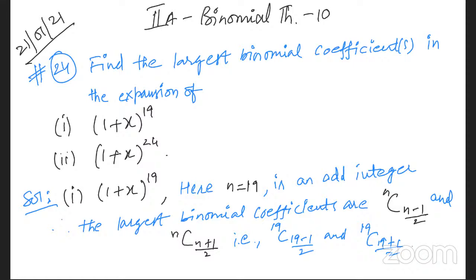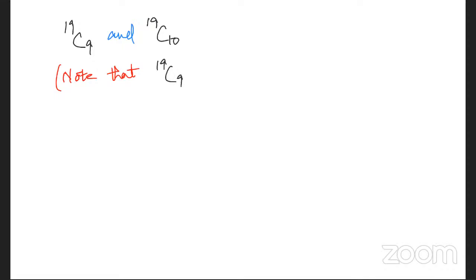So what are the coefficients we got? It will be 19C9 and 19C10. So these are the largest binomial coefficients in the expansion of (1 plus x) whole power 19. Note that 19C9 is equal to 19C10.